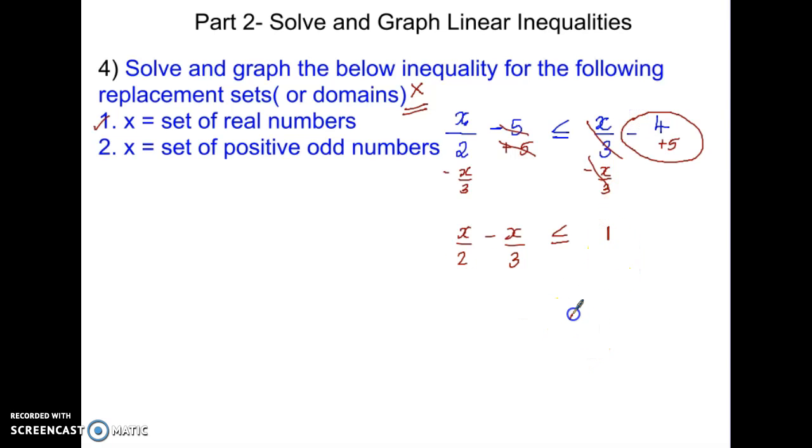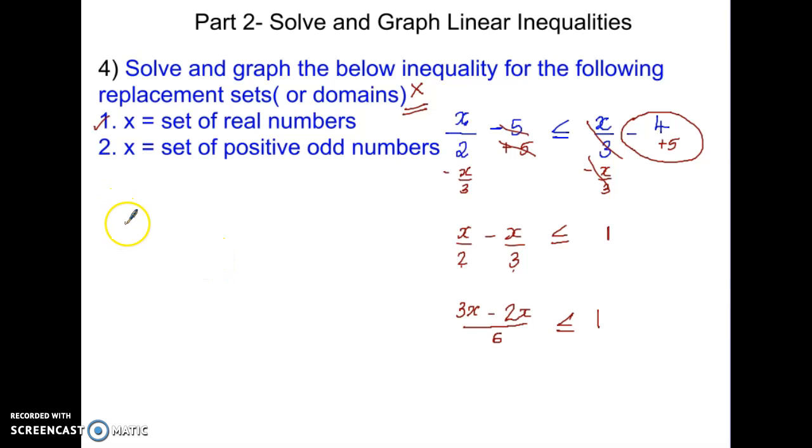So at this point, we are going to deal with this as fractions with different denominators. We get the LCM as 6, and we multiply it to each fraction. So we get 3x on this side and 2x on the other side.